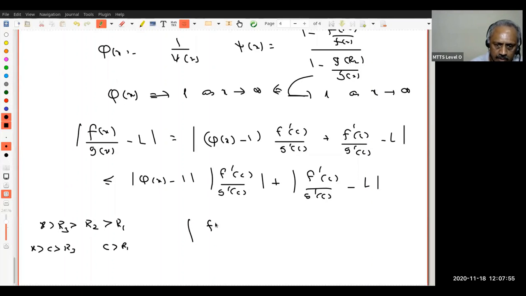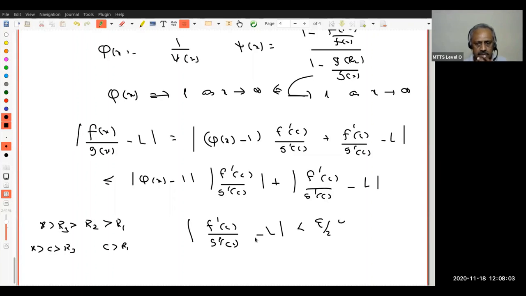Therefore, |f'(c)/g'(c) − L| is less than ε/2. Right? This immediately implies, remember, I have an estimate for this now.